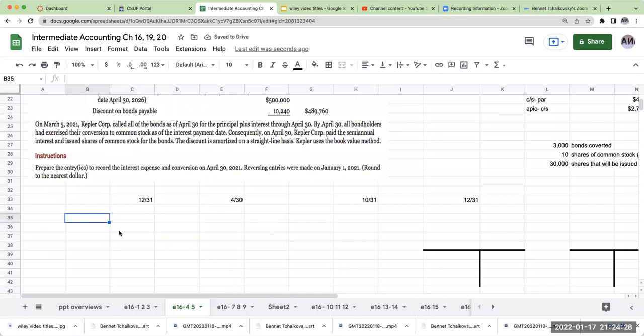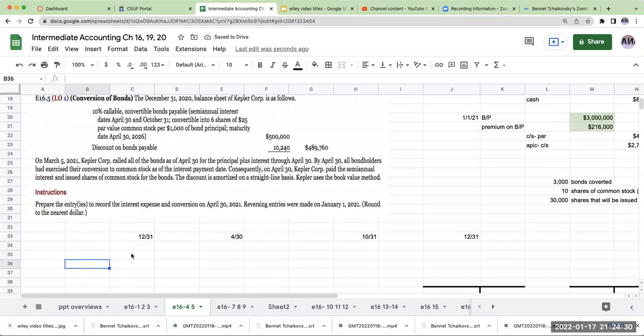Okay, so let's do the interest portion first. What's interesting about this is that my balance sheet date is as of December 31st, 2020. The bond matures on April 30th, 2026.